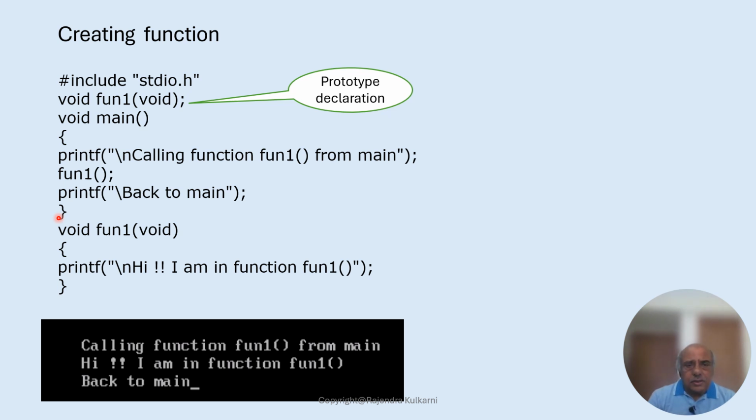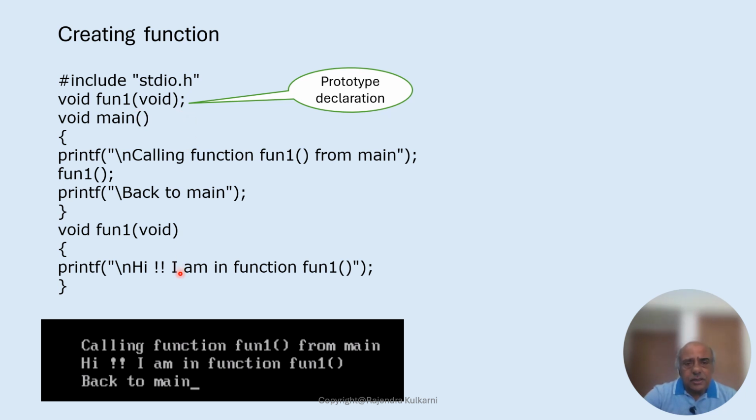Void fun1 into the brackets void is called a prototype. As we declare variables before use, it is mandatory to declare functions. Most of the time we can declare the function inside the main also, but by declaring the function outside the main, it is available to all other functions.